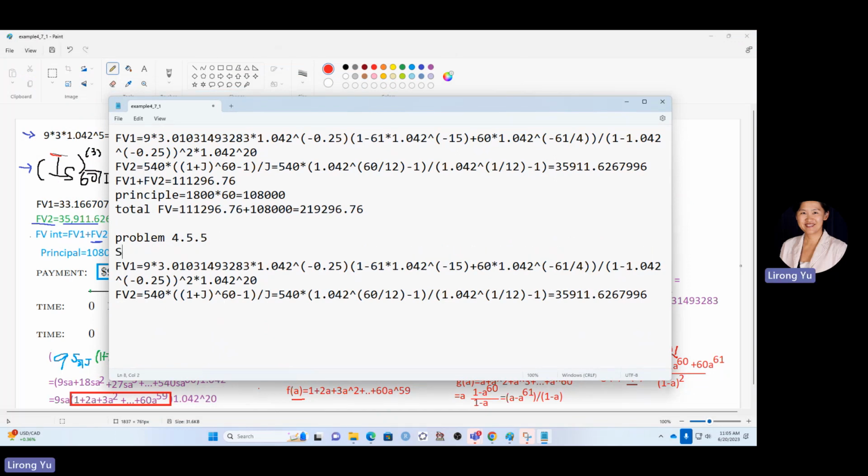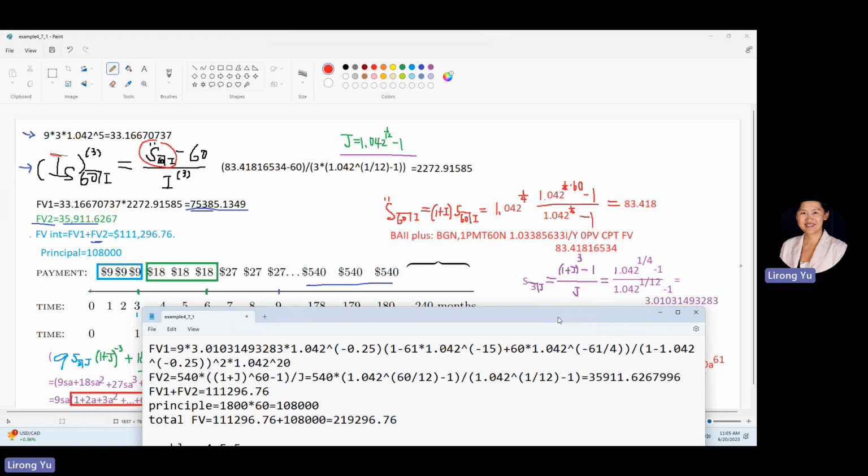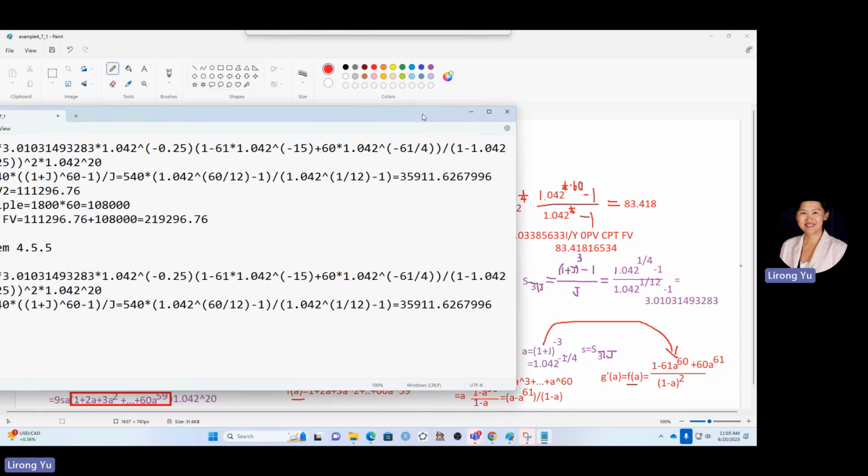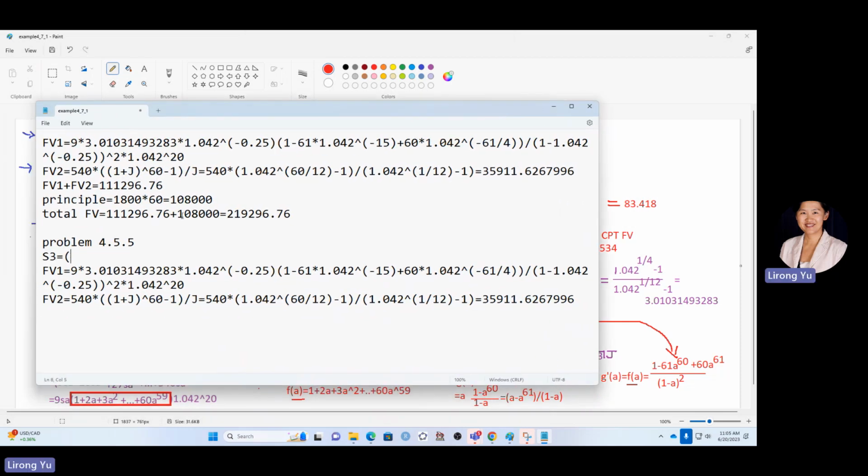All right, so then the S3 is supposed to be a future value calculation. This is a 4.2%, and then we were supposed to be doing 5.2%.